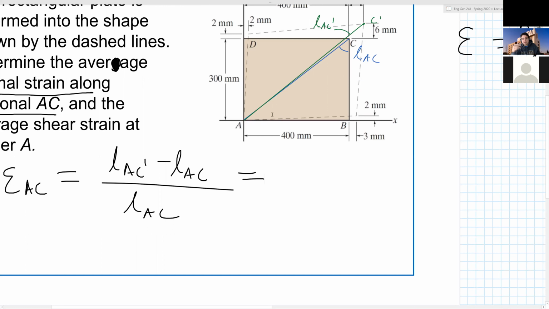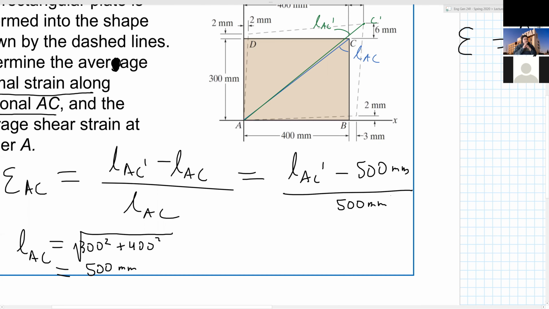I'm not going to do the Pythagorean theorem. So LAC is the square root of 300 squared plus 400 squared, giving me 500. So LAC prime, which we're going to figure out right now, minus 500, over 500.